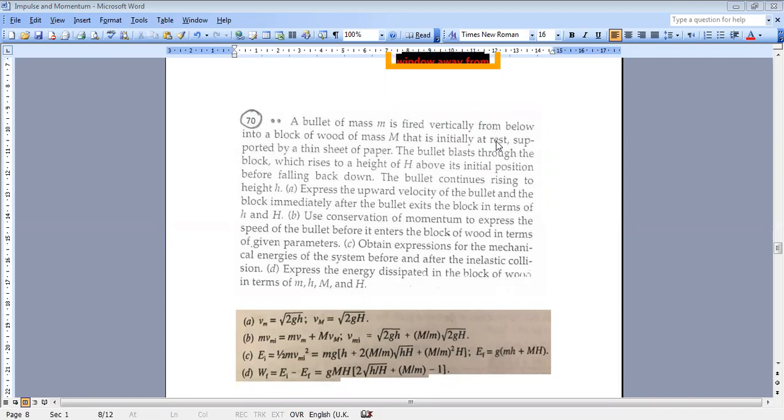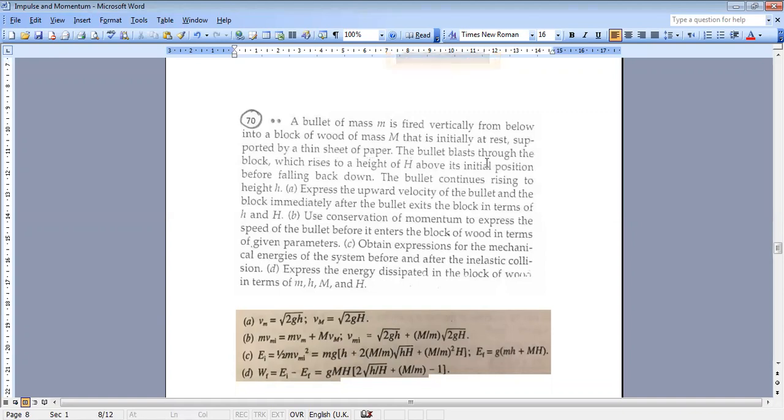A bullet of mass small m is fired vertically from below into a block of wood of mass big M that is initially at rest, supported by a thin sheet of paper.